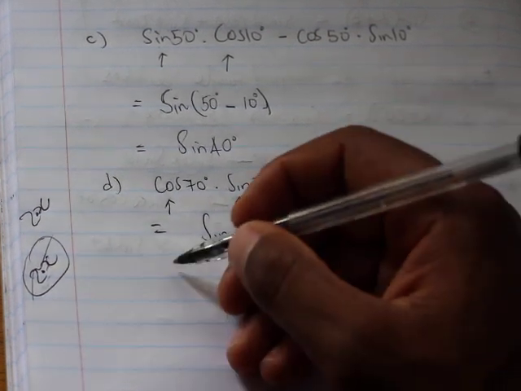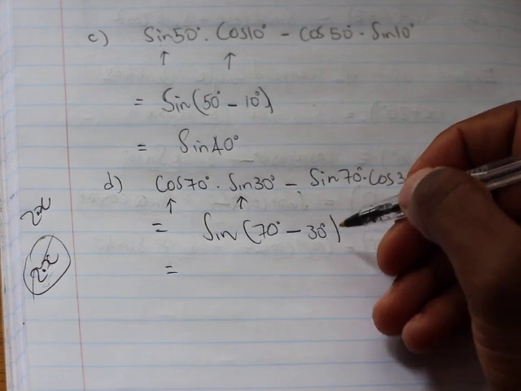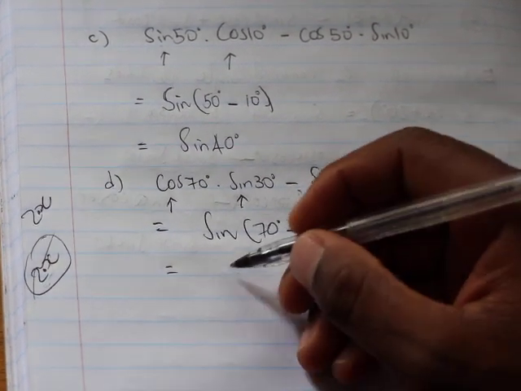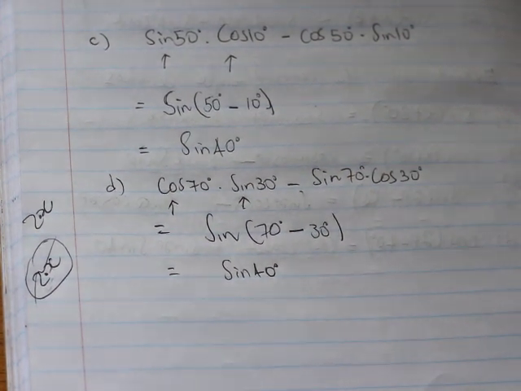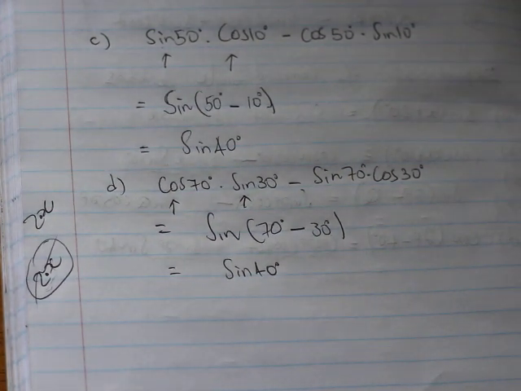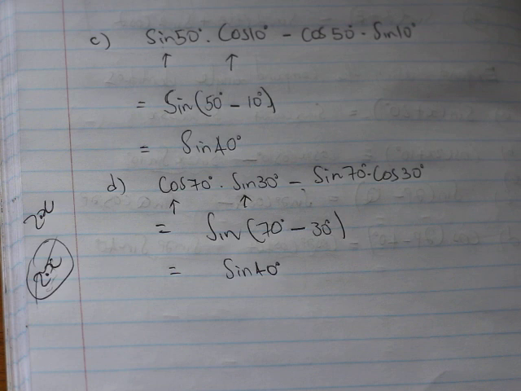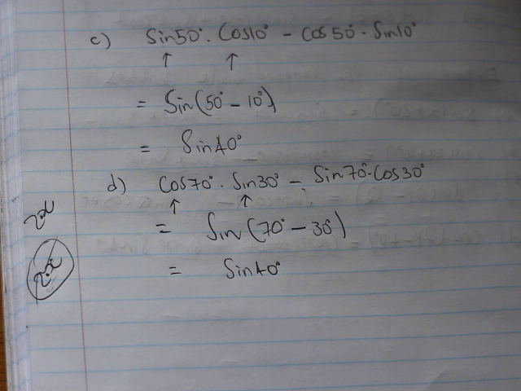What's the difference? 70 minus 30, use your calculator. The sine of 40 degrees. So there you have it, ladies and gentlemen. We have simplified that complicated looking expression.